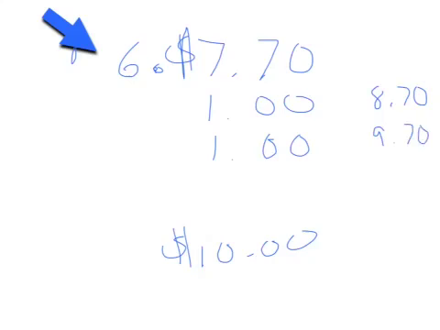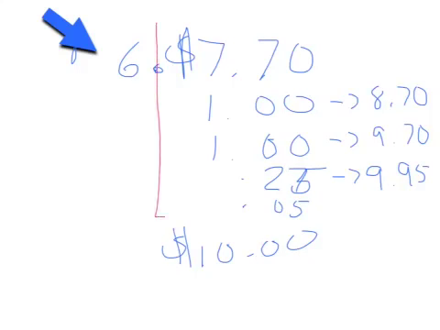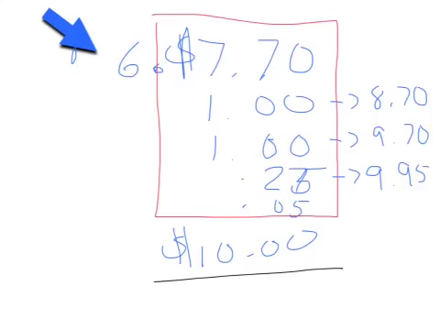Now remember, our goal is to shoot for $10, so we could add 25 cents. That would get us at $9.95. Then we could add 5 cents, and when we look at this, what we added up right here should equal $10.